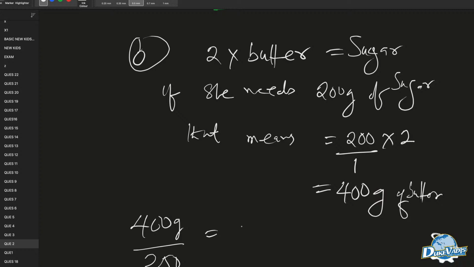So 400 divided by 250 gives roughly 1.6, which is equivalent to 2. So 2 packs is what she would need. And if you work this out very well, you get 2 marks for it.